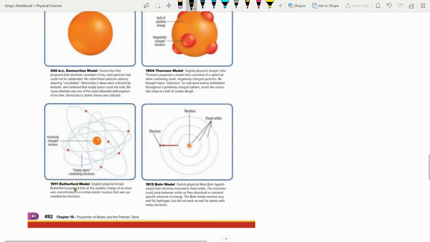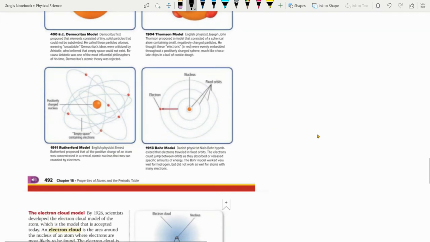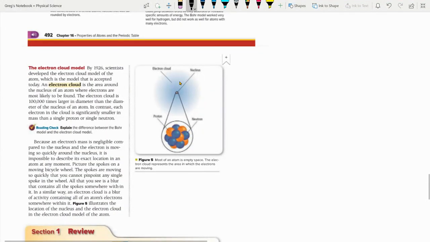Rutherford's student, Niels Bohr, went a step farther and said, hey, look, this just is not random. There's actually energy levels that these electrons travel on. That brought us to the modern day electron cloud model of the atom. In this electron cloud model, the electrons move so fast we can't really tell where they are.